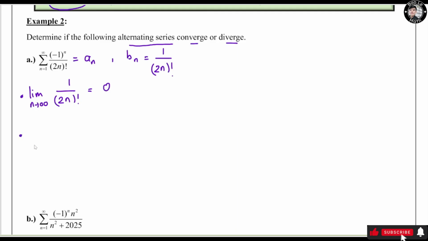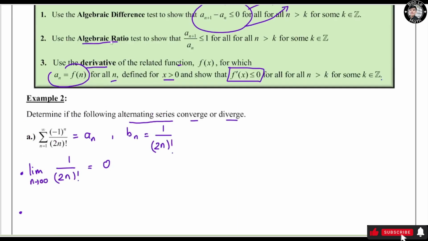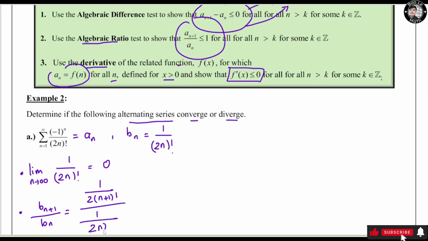Now, number 2. We're going to use the second condition to do it. We're going to have b sub n plus 1 over b sub n. It's going to be 1 over (2 times (n plus 1)) factorial over 1 over (2n) factorial.